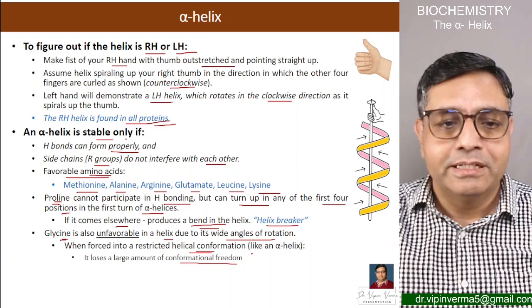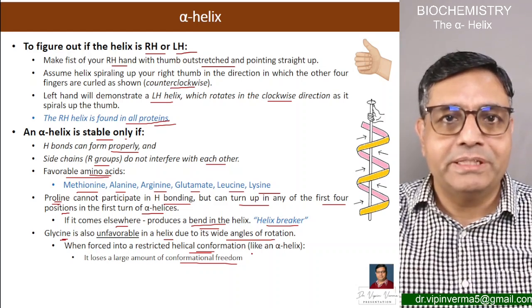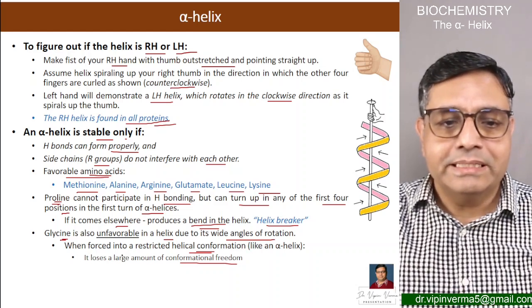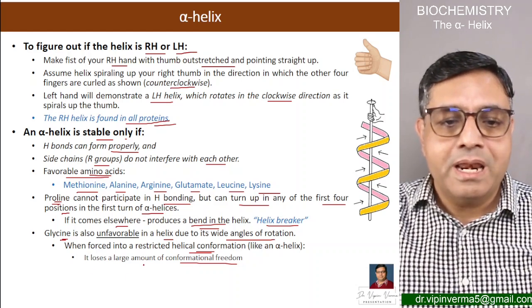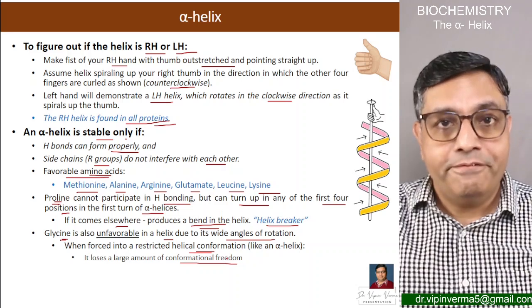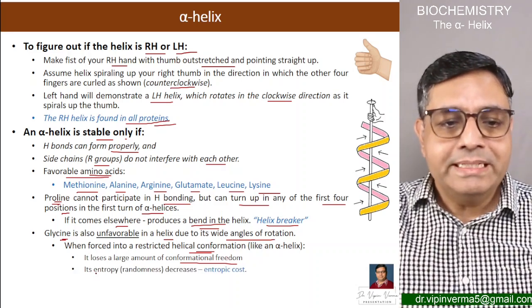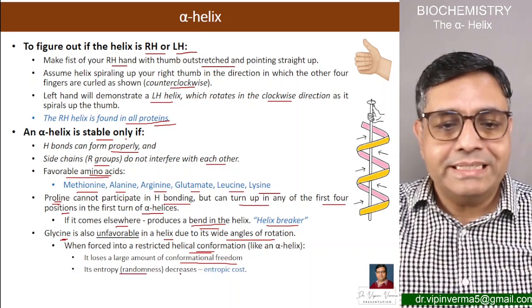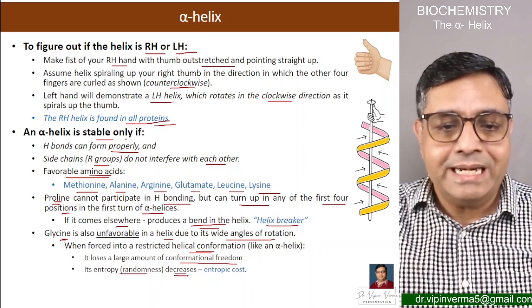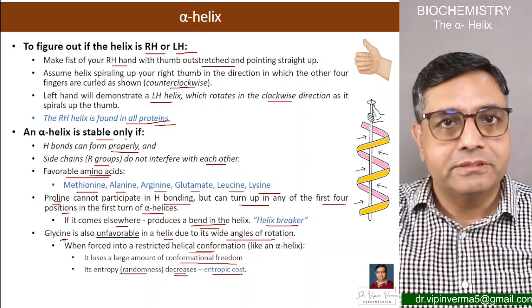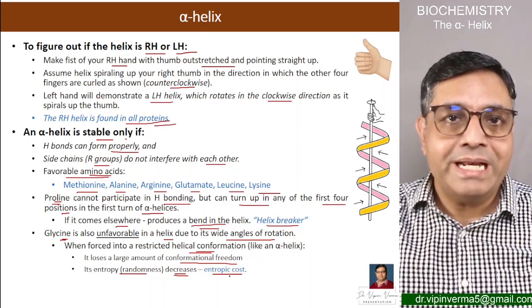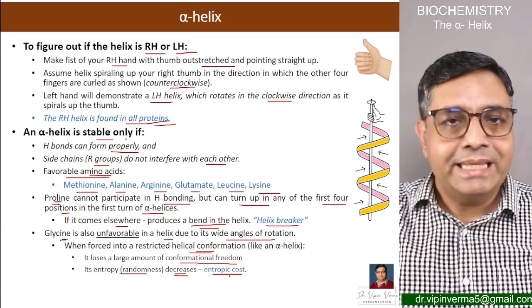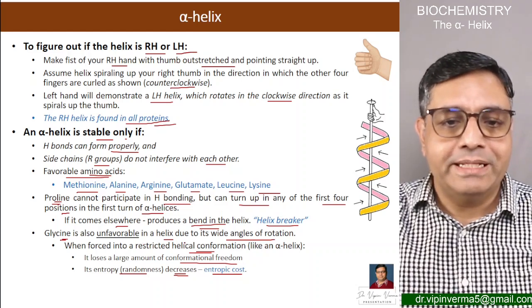But when it goes into a helical conformation, which is a very restricted conformation, it loses a large amount of conformational freedom, and its entropy or randomness decreases. That is known as the entropic cost. So it pays the entropic cost when it goes inside the helix, and that's why it is unfavorable in the helix.